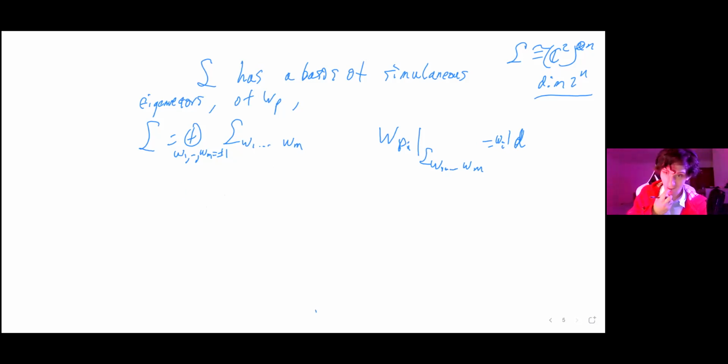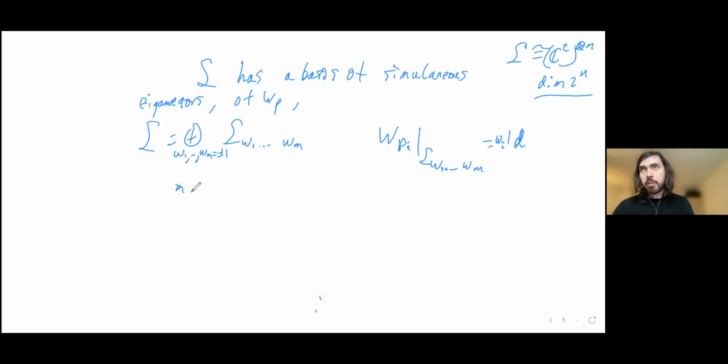I guess we have rendered it block diagonal, but for L_{W1...WM}, there aren't enough dimensions available from W1 to WM equals plus or minus 1 to span the entire Hilbert space.